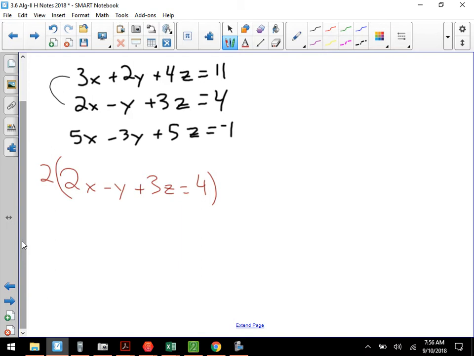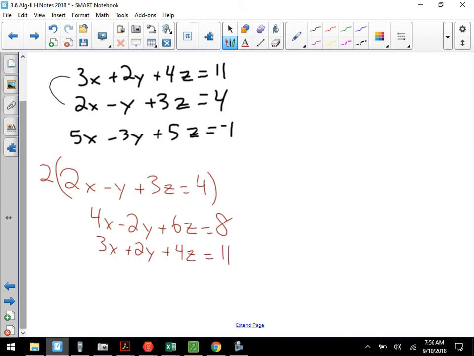Okay. So I write it out. I get 4x minus 2y plus 6z is 8. Then I'll write the first equation below it. 3x plus 2y plus 4z is 11.